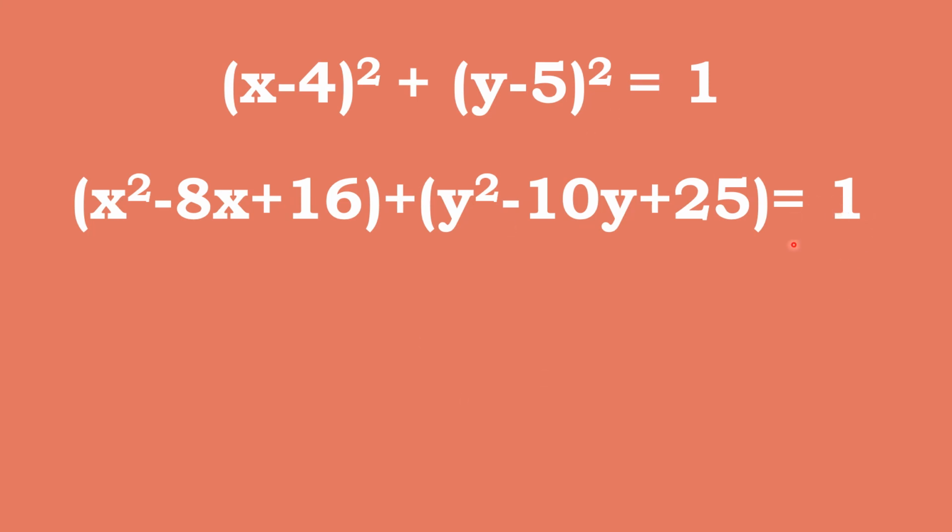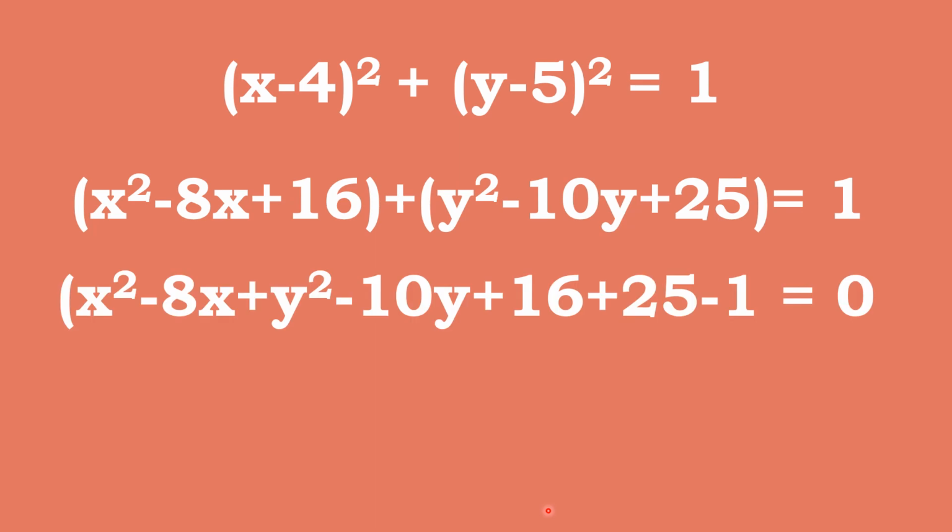Sunod na step, itong ating positive 1 na nasa kabilang side ng equation ay i-transpose nyo. And then pagsama-samahin, pagtabihin lahat ng constant. So you have x^2 - 8x + y^2 - 10y + 16 + 25 - 1. I-solve natin yung 16 plus 25 minus 1 at i-arrange naman yung format natin following the format ng general equation.